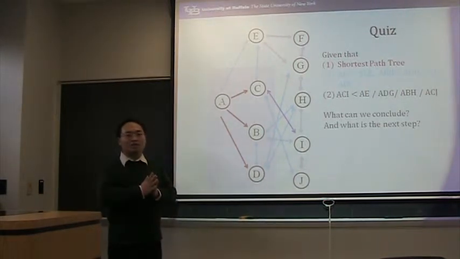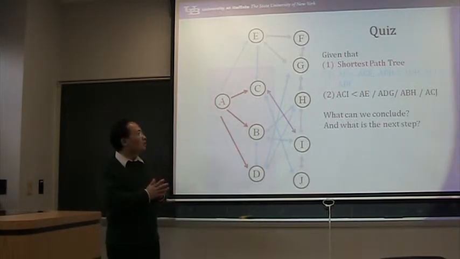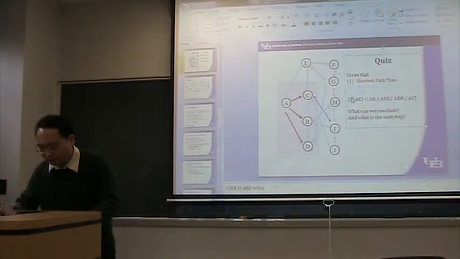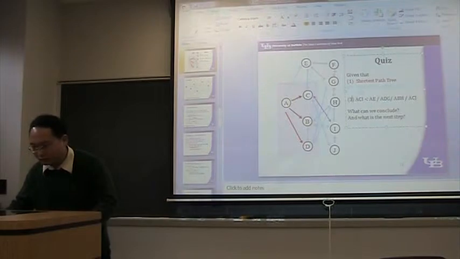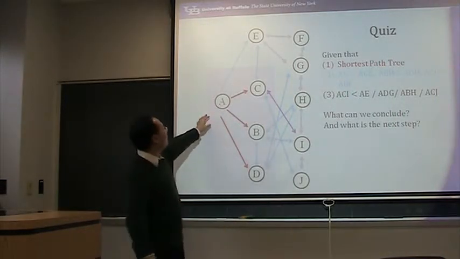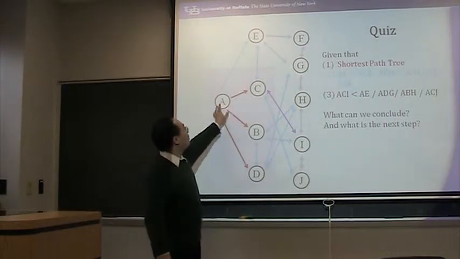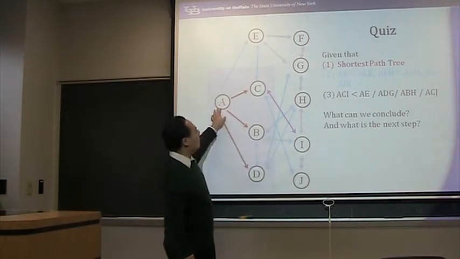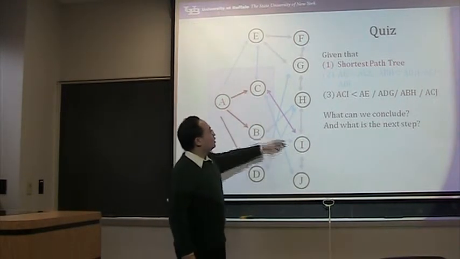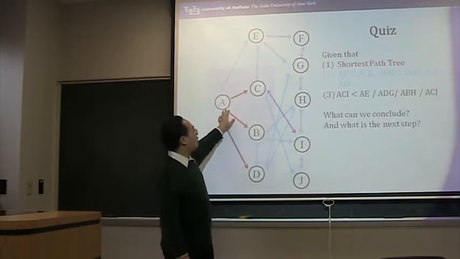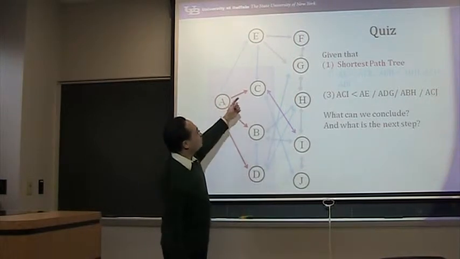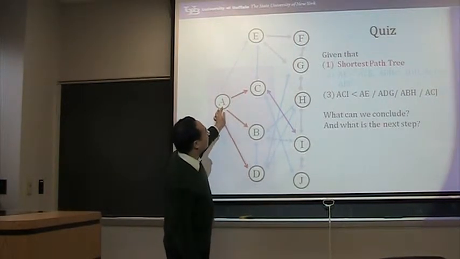So it's already a lot of time. And here is the third thing I know. By comparing this distance from A to E, H, I, J, I find that ACI is shorter than AE or ADG. Sorry.